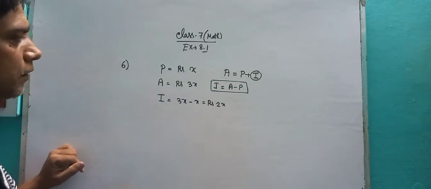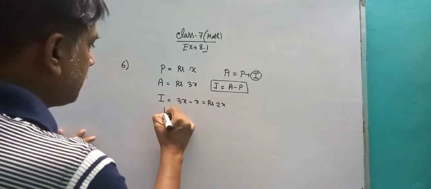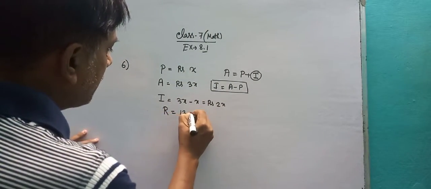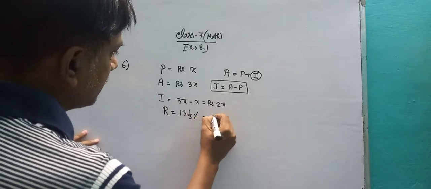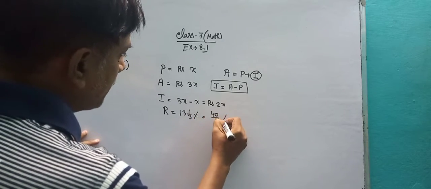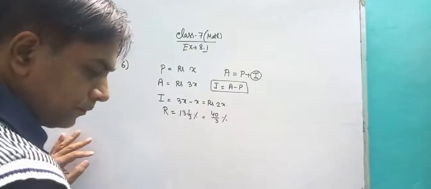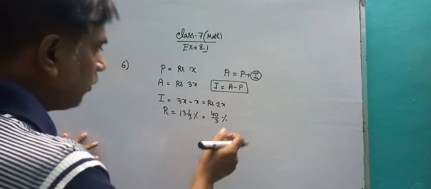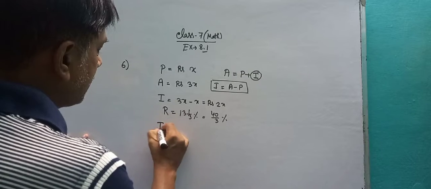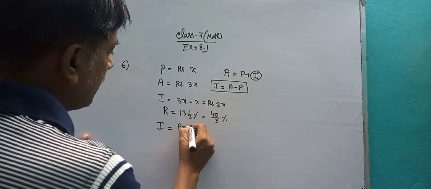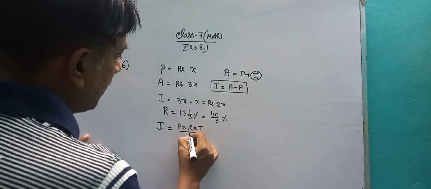Okay, 2x. Now next part. Rate percent is 13 whole number 1 by 3%, that is 40 by 3%. Now find how long. So I is equal to P into R into T by 100.